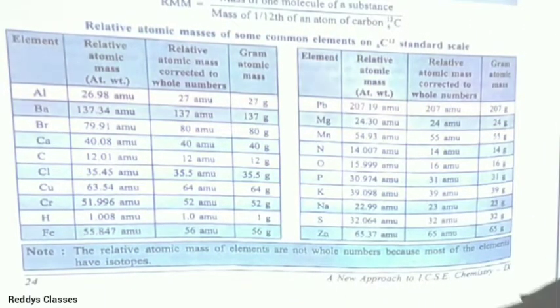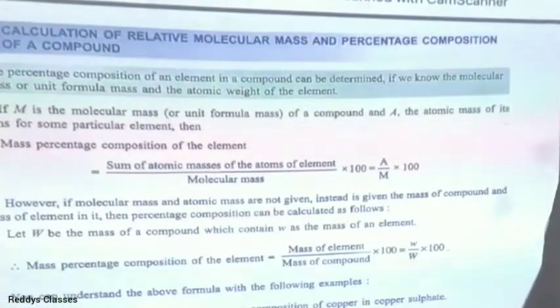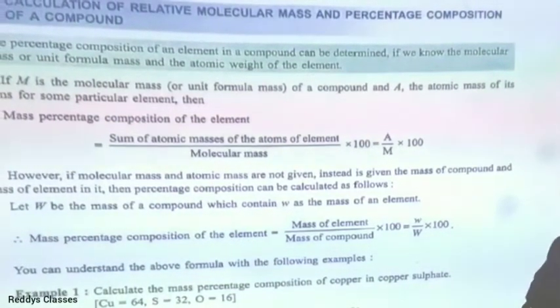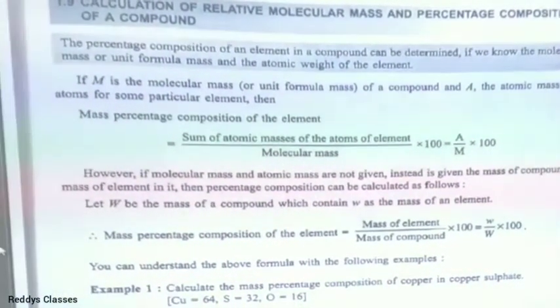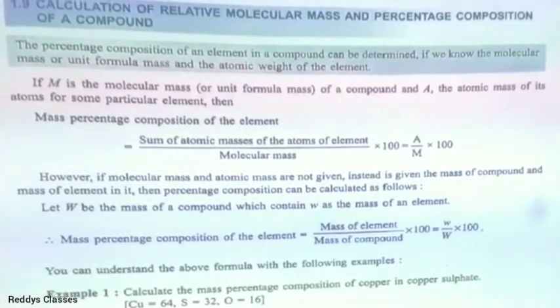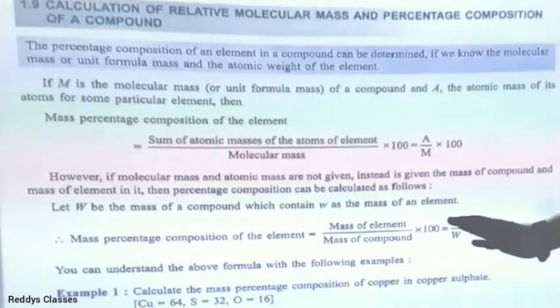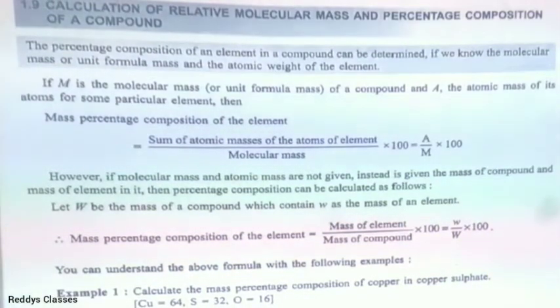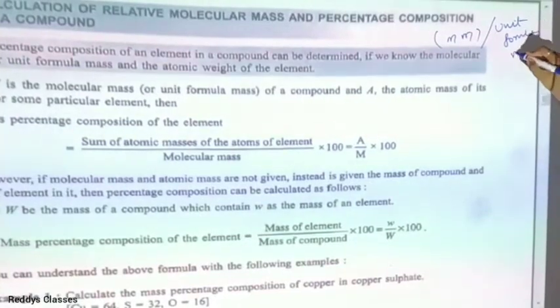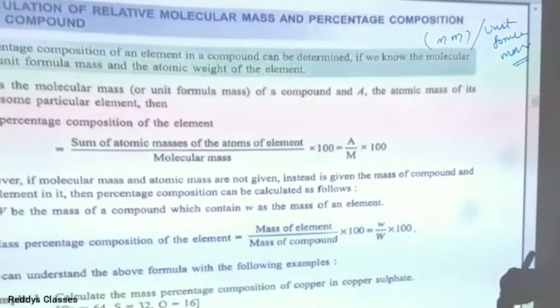We have one more topic here: the calculation of relative molecular mass and percentage composition of a compound. What is the percentage composition? The percentage composition of an element in a compound can be determined if we know the molecular mass or unit formula mass and the atomic weight of the element.